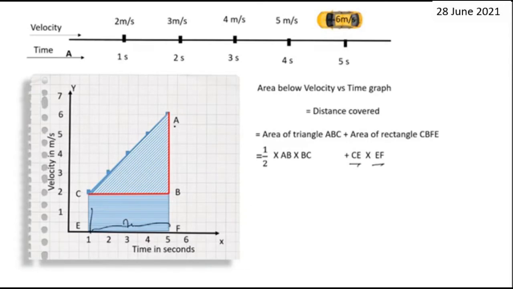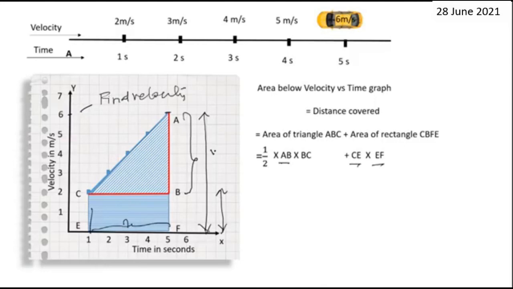Now look at this, AB is given by AF minus BF. And please recall, what is AF? What does this point tell? It's the final velocity.